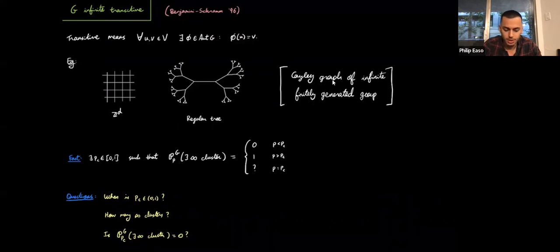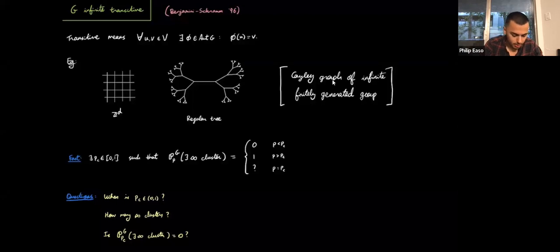Transitive just means that given any two vertices in your graph, you can find an automorphism, a graph symmetry, mapping one vertex to the other. So the automorphism group acts transitively on the set of vertices. Here I've got some examples. You can have the Euclidean lattice Z^d, of course. You could also take a regular tree. And in general, you could take any Cayley graph of an infinite finitely generated group. Those are the most interesting ones.